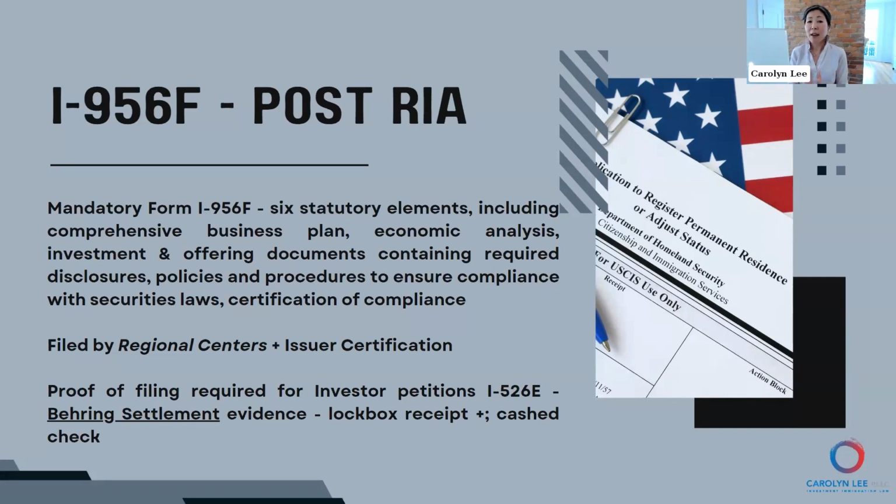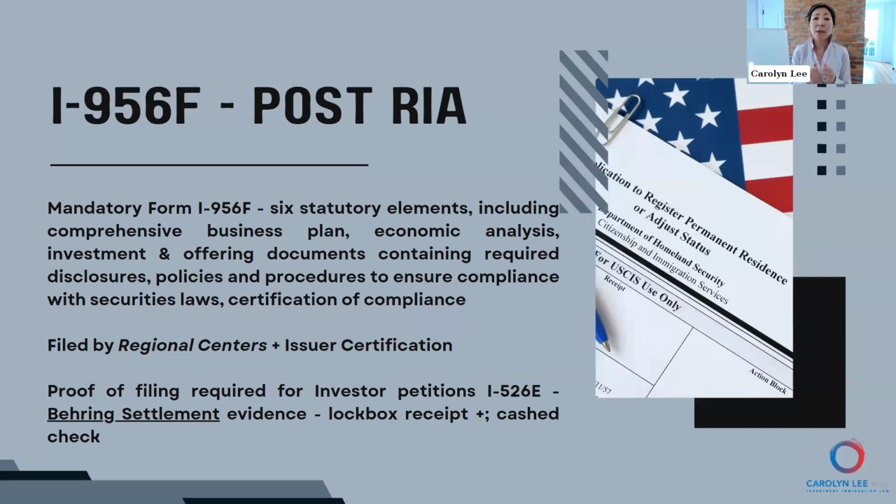Now, the 956F information may not be forthcoming very timely, which ordinarily might delay fundraising because proof of the 956F filing is required before a 526E investor petition can be filed. But thanks to the Bering settlement, this is the result of litigation brought by Bering Regional Center challenging USCIS's interpretation of the RIA, which I won't get into on this particular talk.